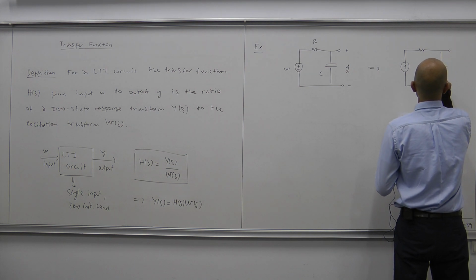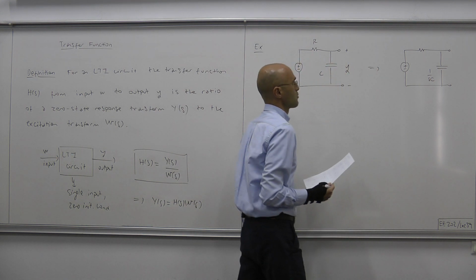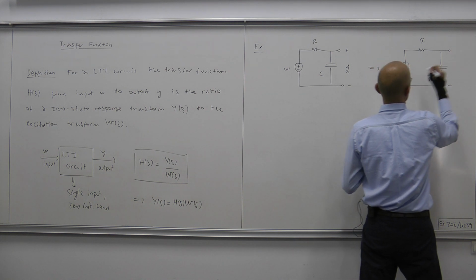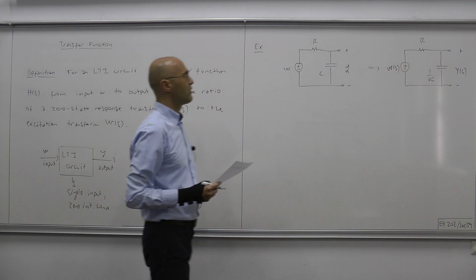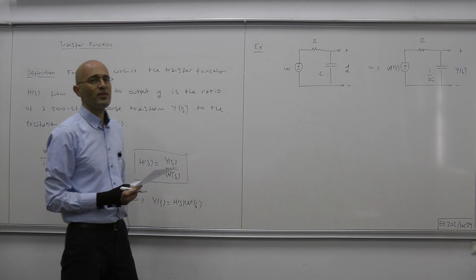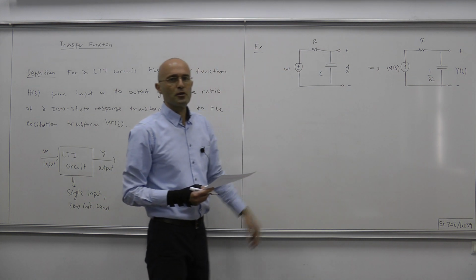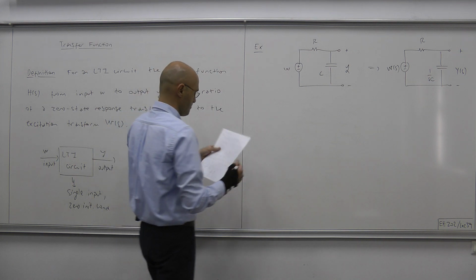Therefore our dynamic components will be represented only by their impedances. So this circuit produces the following S domain equivalent. 1 over SC, the impedance of our capacitor. This is R. Here we have W of S, and this voltage is our output, Y of S. Y of S can be related to the input simply through voltage division, and that will give us immediately the transfer function.